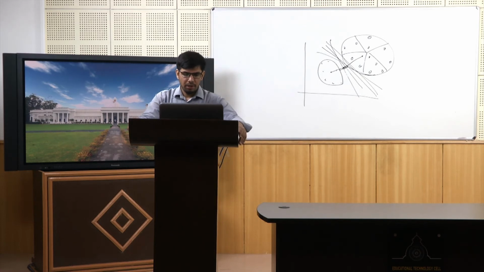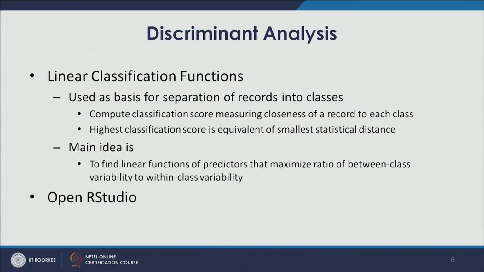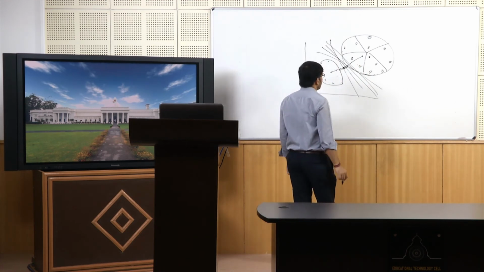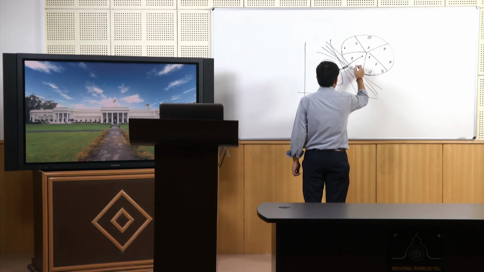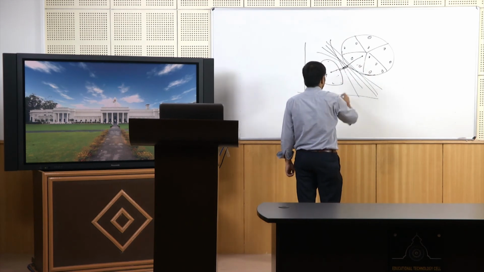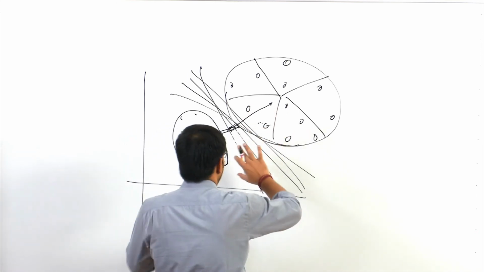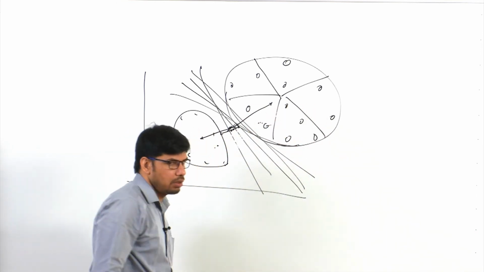So the idea is to find these linear function predictors that maximize the ratio of between class variability to within class variability. So if the between class variability is between these two classes, for example in this two class case, then the ratio of this variability divided by within class variability means we are trying to separate these groups.